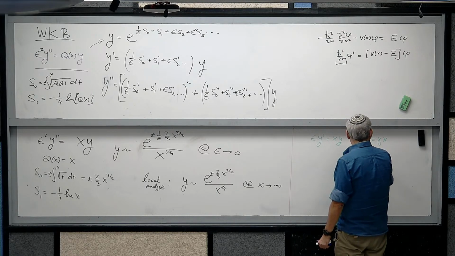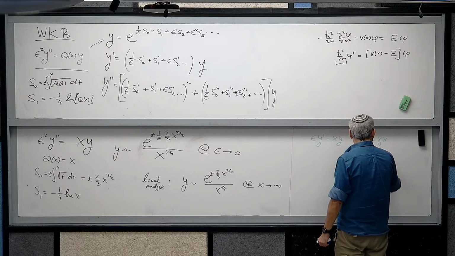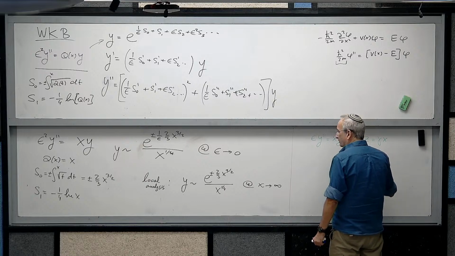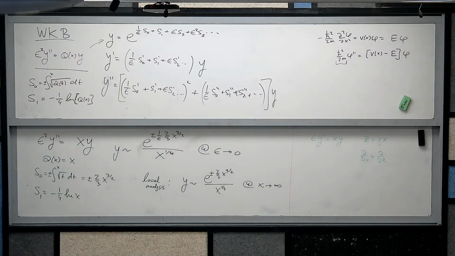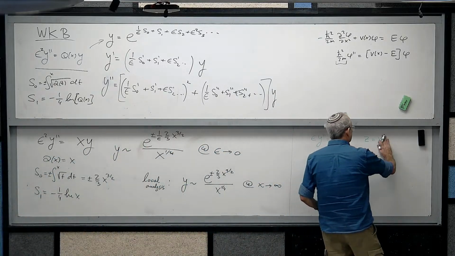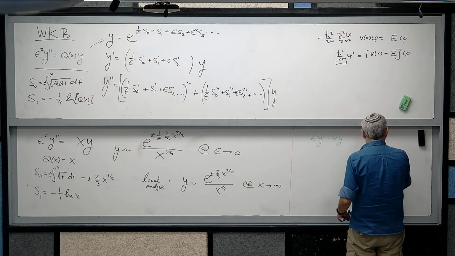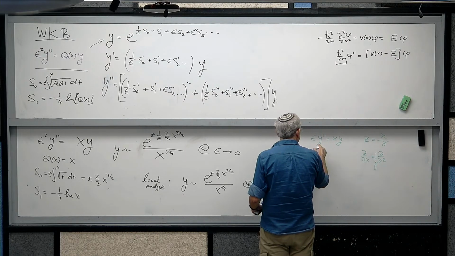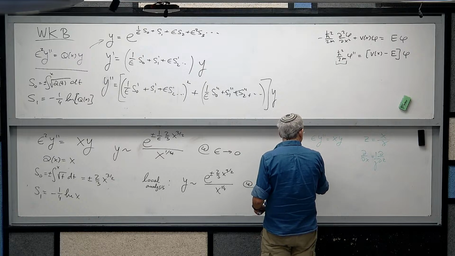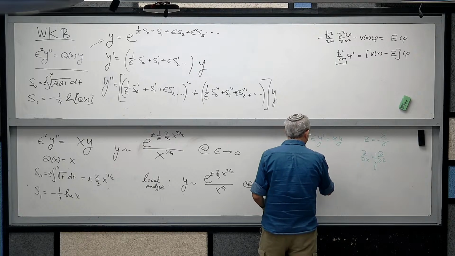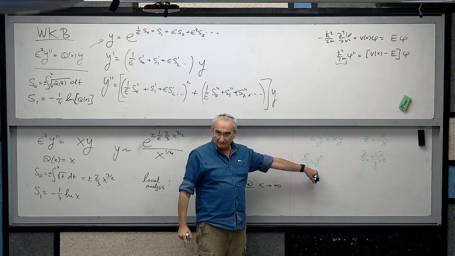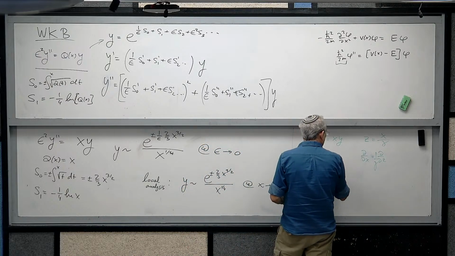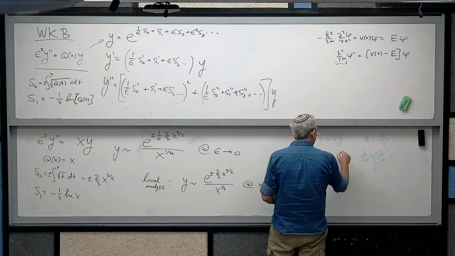So d/dx is gamma d/dz. Which implies that the equation is epsilon over gamma squared times y double prime, where now the prime is with respect to z, equals x, which is z over gamma, times y.